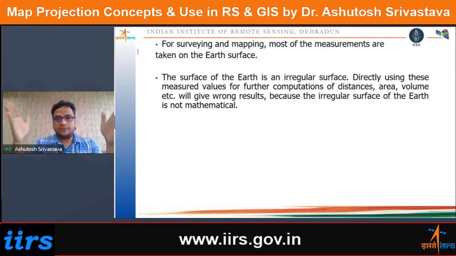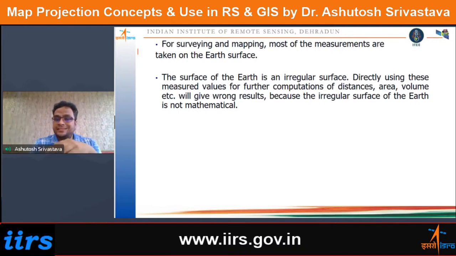Very simple way to understand: between 2 points, if you find a distance along a straight line, it may be 10 meters. But if it is an irregular surface and you measure along it, it may be more. But we have to consider only this distance. So that depends on which distance you are going to use.